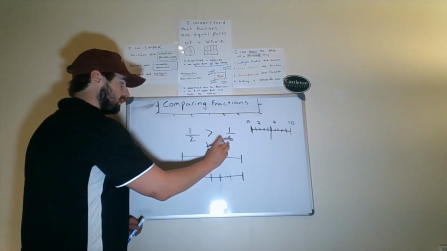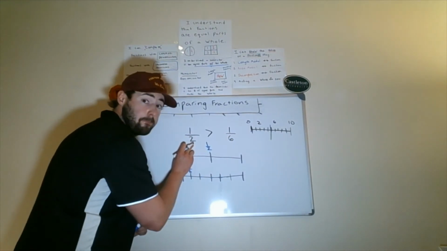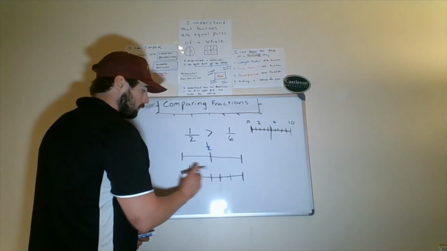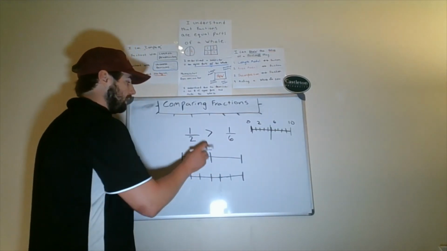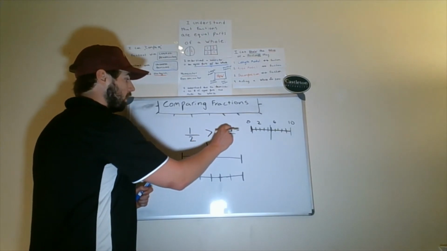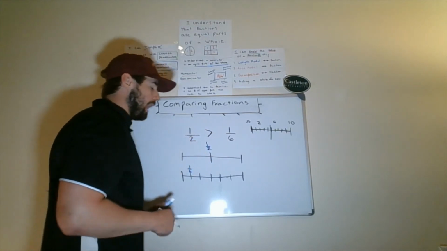Even though 6 is a much larger number than 2, it makes the parts smaller. 1/2 is greater than 1/6. 1/6 is less than 1/2.